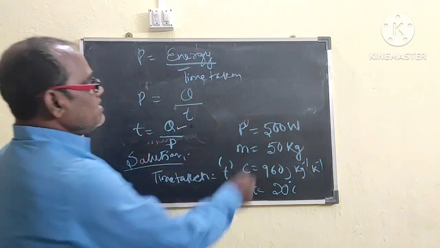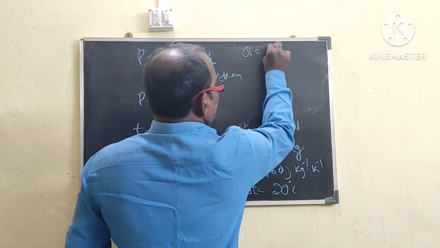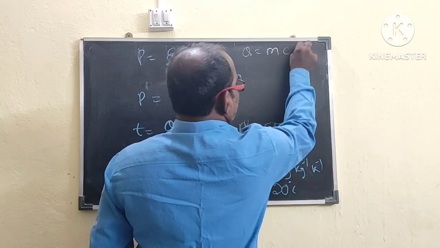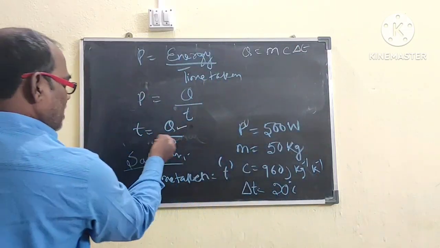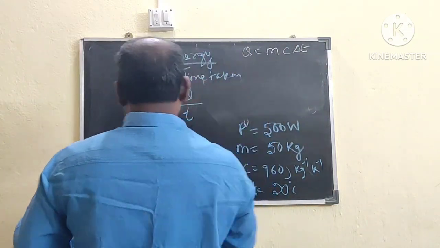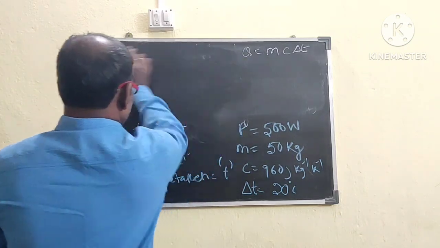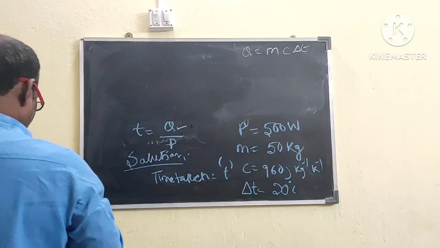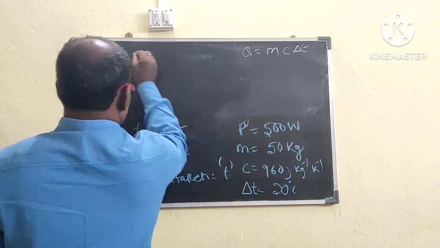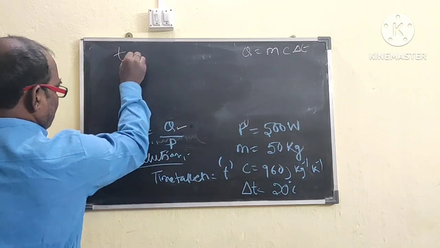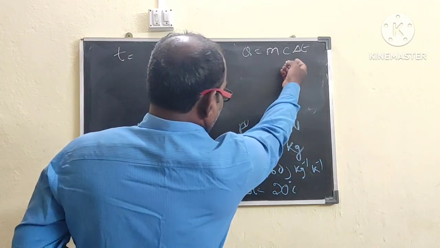Since we know that Q is equal to mc del T, we are using the same thing. So T is equal to Q, that means mc del T, divided by P.